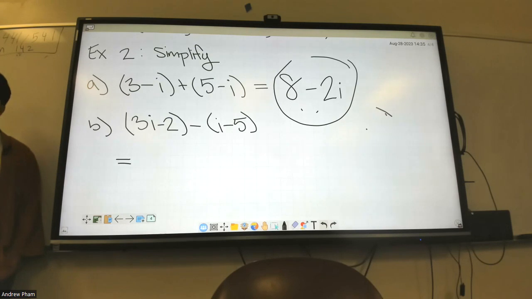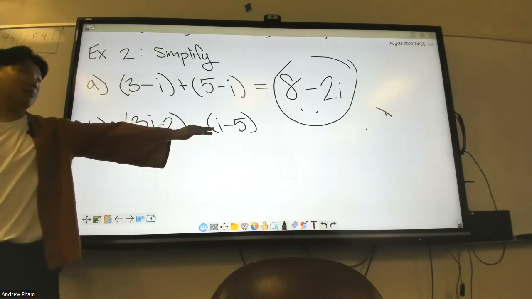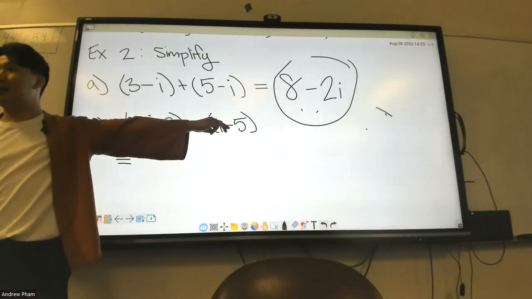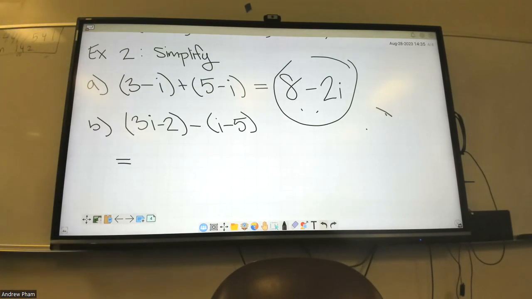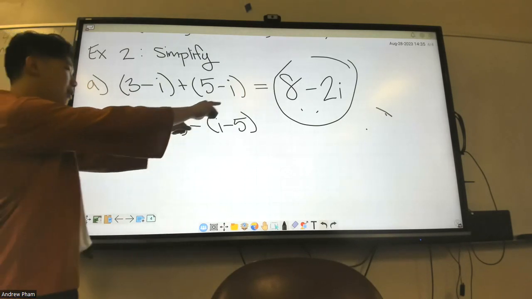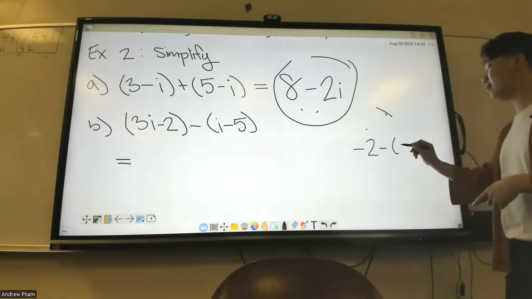Yeah, so if I want the real part of my final answer, here we have negative 2 minus negative 5. So what's negative 2 minus negative 5? Yeah, so this is a side note. You don't have to write this. -2 minus -5.